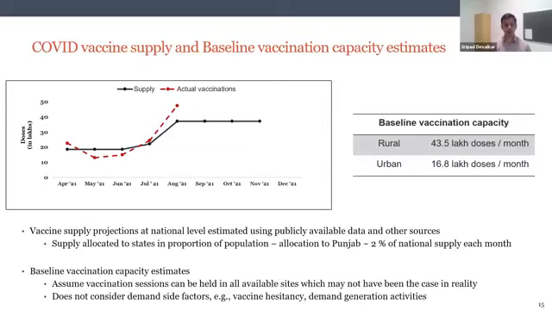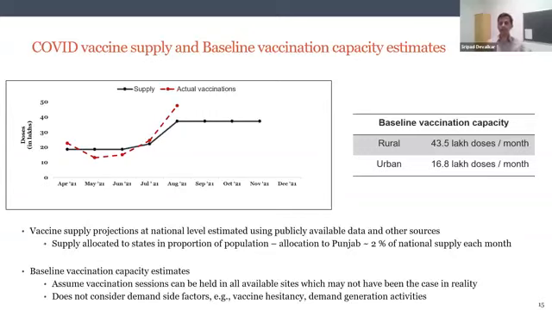So based on that, what was also not available in terms of firm information was how the supply available at the national level was allocated to different states. Therefore, we assumed a fair allocation rule. What I mean by that is that the total national supply was allocated to each state in proportion to the population in that state.